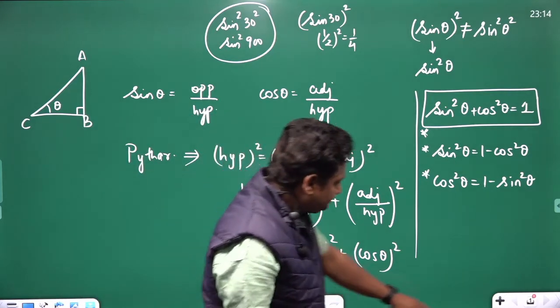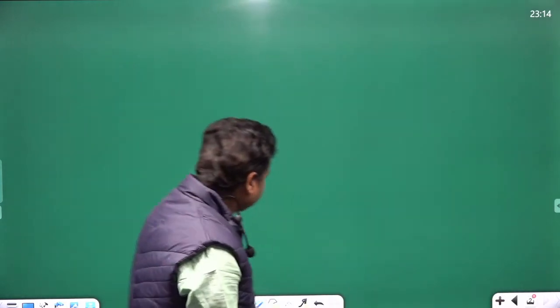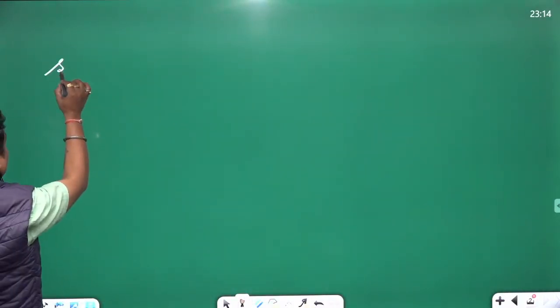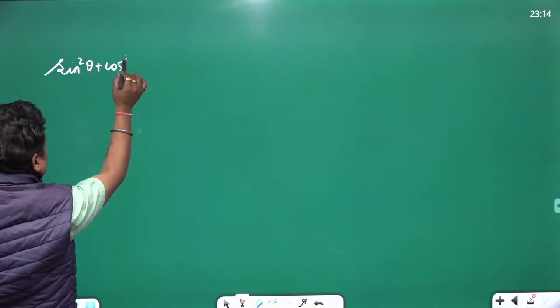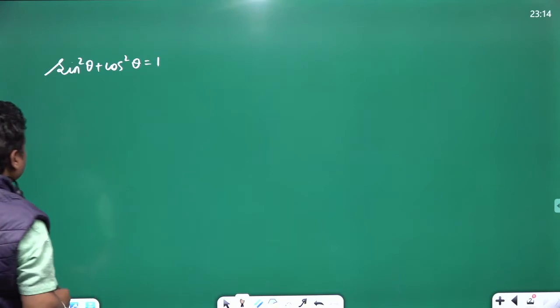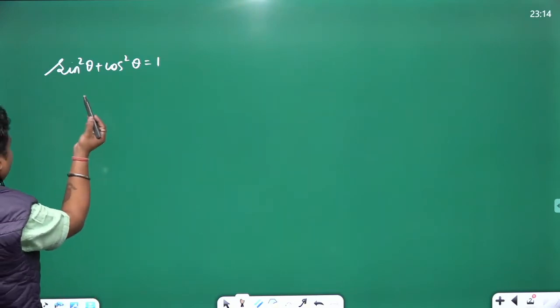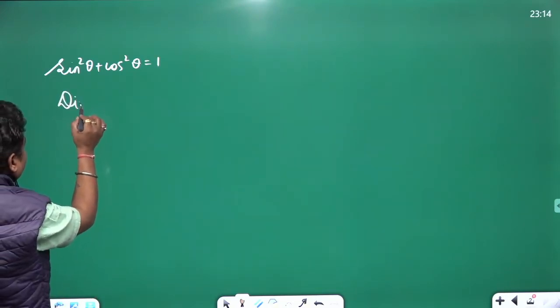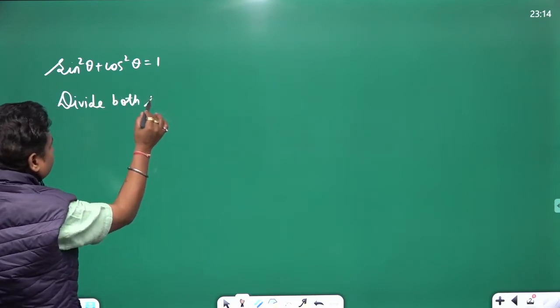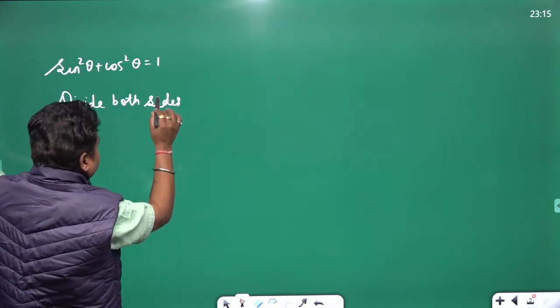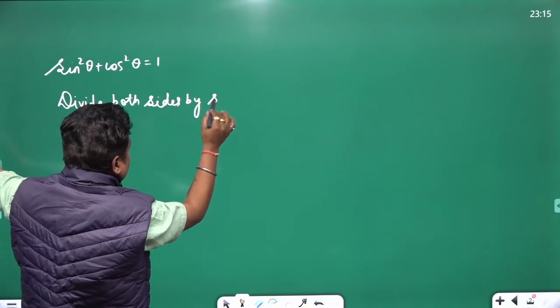Moving ahead. Now we learn about sin square theta plus cos square theta, which is obviously equal to 1. Now what I do, I will divide both sides by sin square theta.